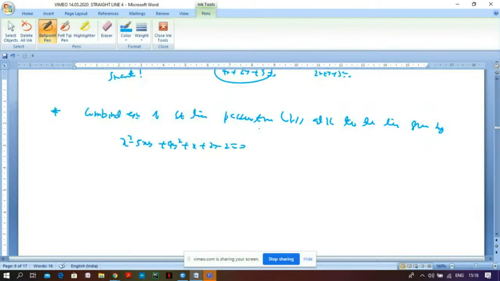Means you want to find the straight lines passing through (1, 1).